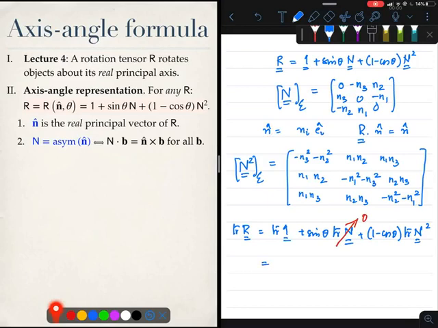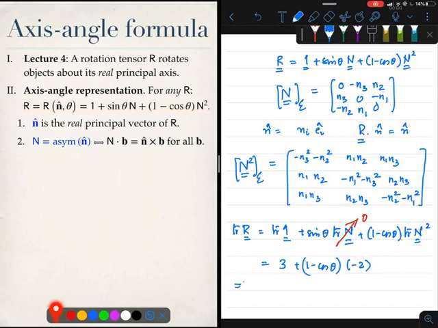Trace of 1 is 3, plus 1 minus cosine theta. Now what is trace of N square? Trace of N square is this plus this plus this, which you can see is 2 times n1 square plus n2 square plus n3 square with a minus sign. So you can convince yourself this will be minus 2.